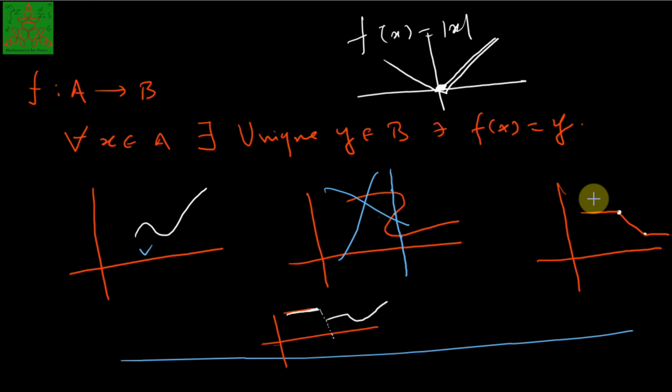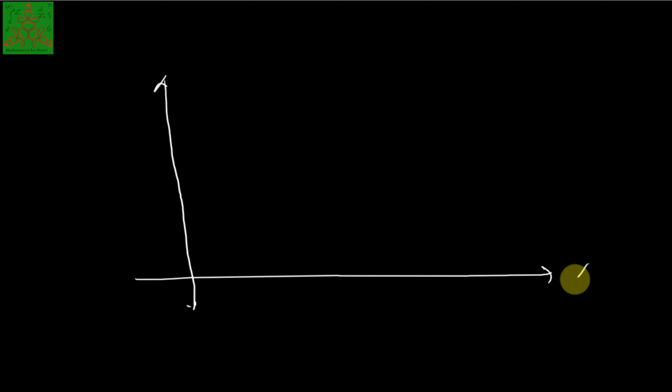Now with these three ideas, I'm giving you one task to do. Let's say this is my x-axis and this will be my y-axis. I'm fixing one horizontal line, and on this horizontal line I pick two points.